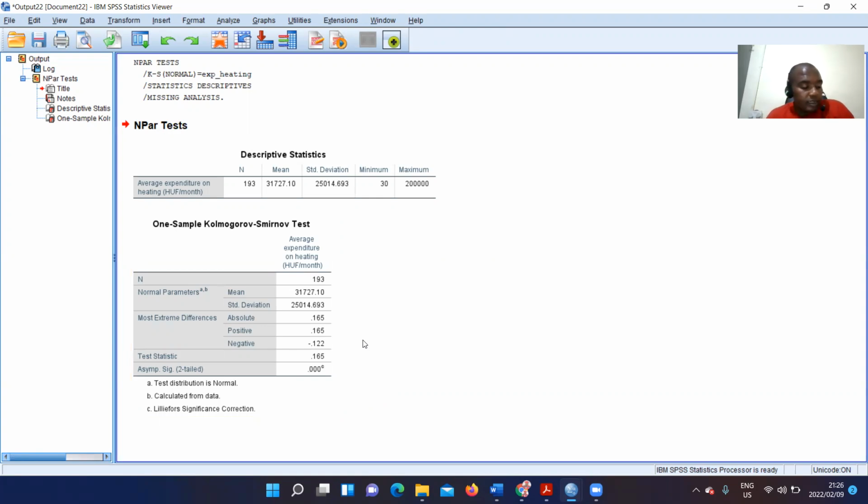If it is two-tailed, it will be 0.025. So we reject the null hypothesis because 0 is lower than 5%, and conclude that average expenditure on heating does not follow a normal distribution.